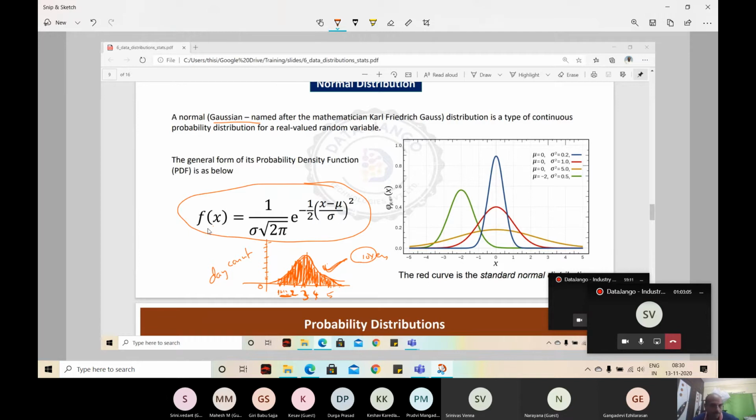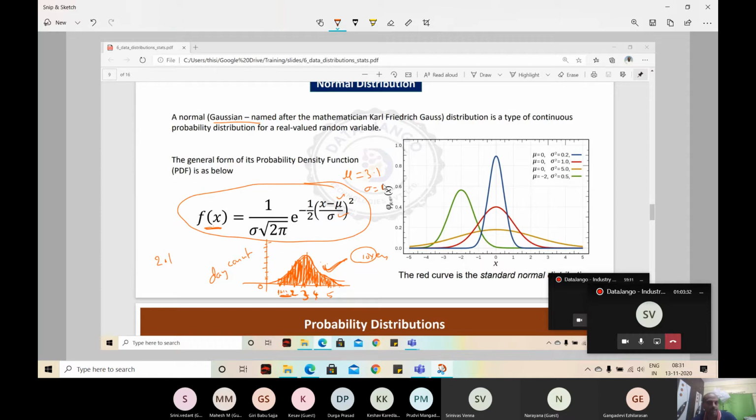If I try to predict, what is this f of x? It is a prediction. If I want to predict the probability of getting 2.1 centimeters of rainfall today, I need to know the mean and standard deviation. From historical data, I'll calculate the mean, which may be 3 centimeters or maybe 3.1 centimeters.